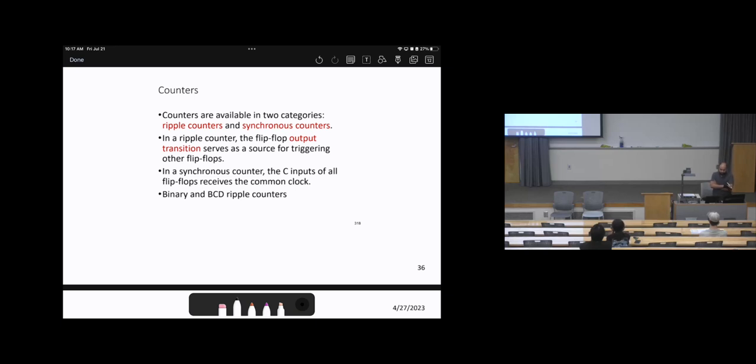Counters can be divided into two parts: ripple counters and synchronous counters. Ripple counters we can call asynchronous. What do I mean by synchronous or asynchronous? Synchronous means something that comes with a common clock. All of the flip-flops share the same clock cycle.